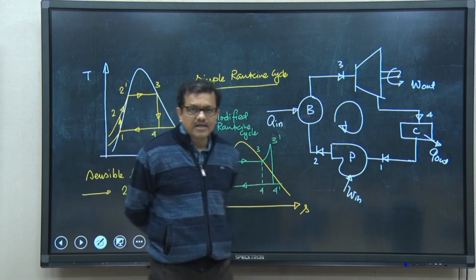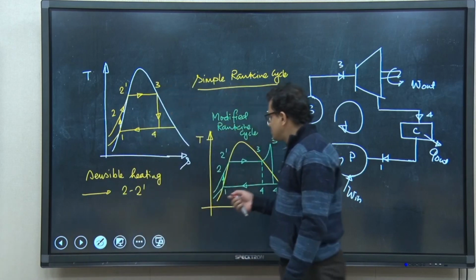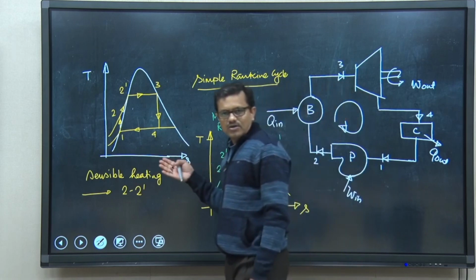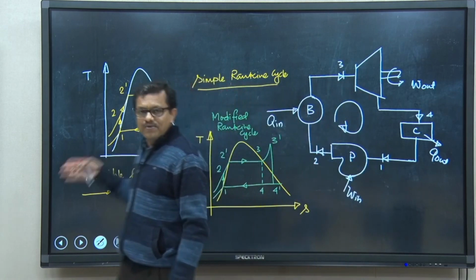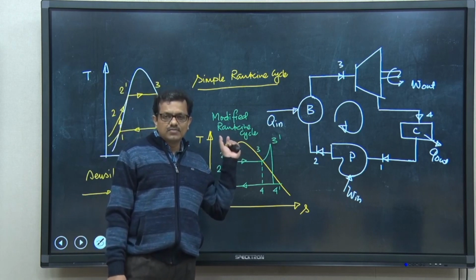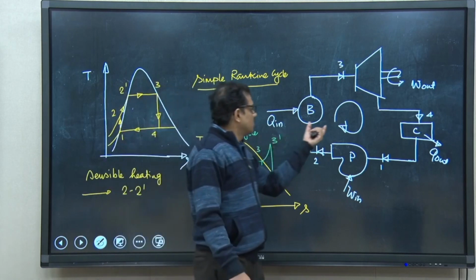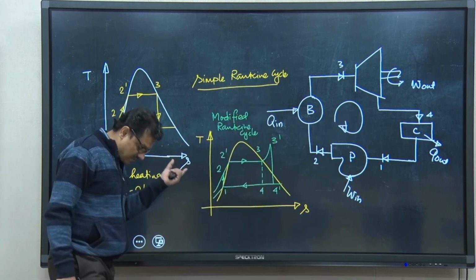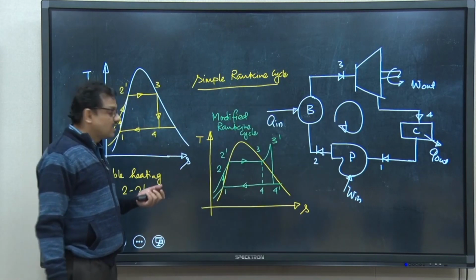So, let me repeat it. What we have understood from previous classes, and can see even from today's discussion, is that the efficiency of the cycle used to describe the processes in a thermal power plant is less than that of the Carnot cycle efficiency.